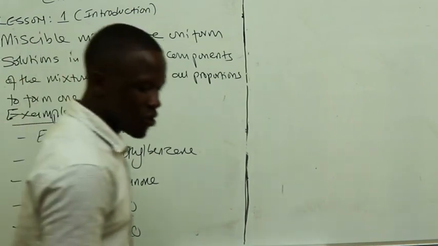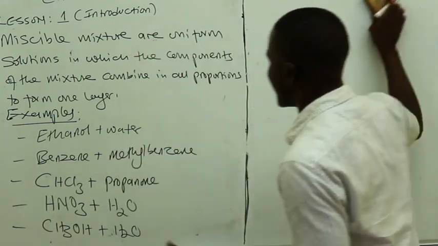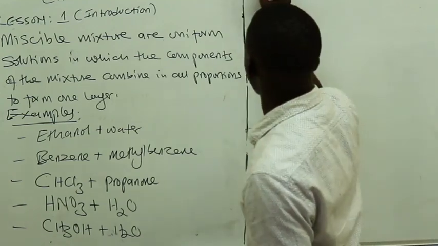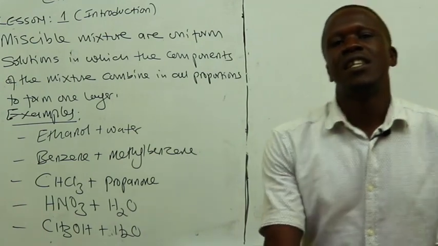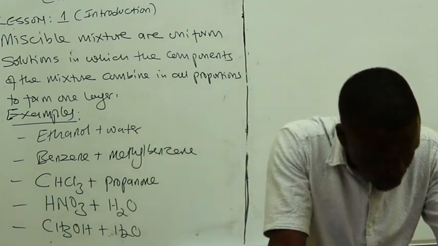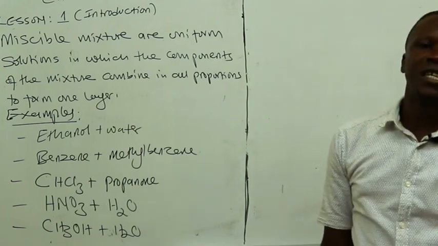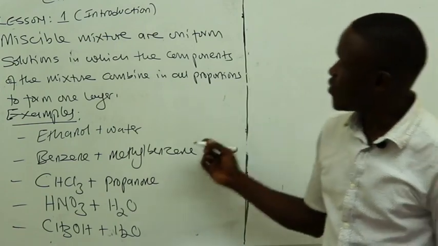But now the question is, we can write the list of miscible mixtures endlessly, but the question is why or how, what brings the components to accept and form a miscible mixture? How is miscibility possible? How does miscibility occur?